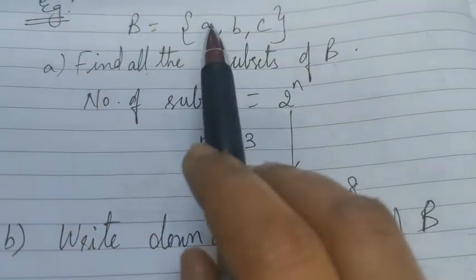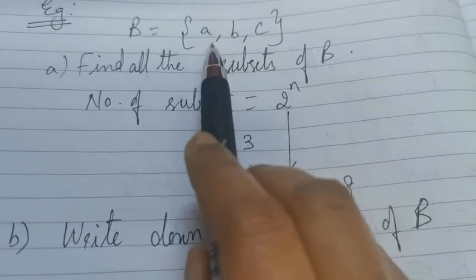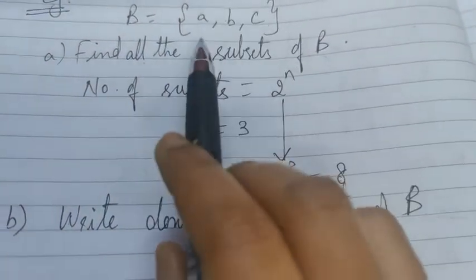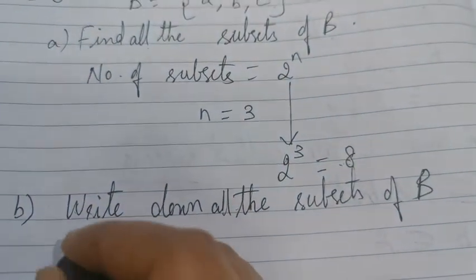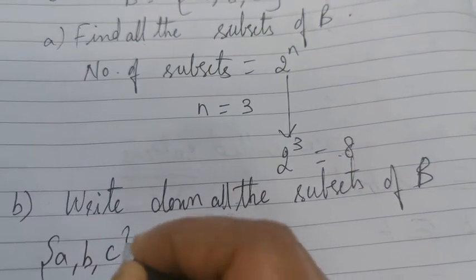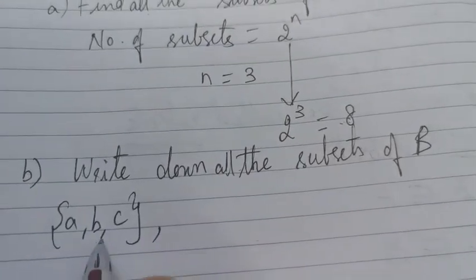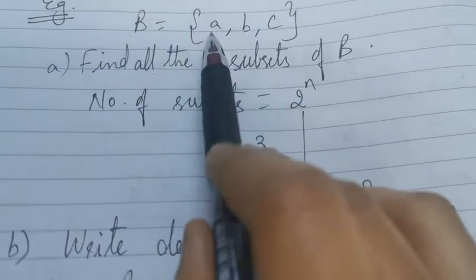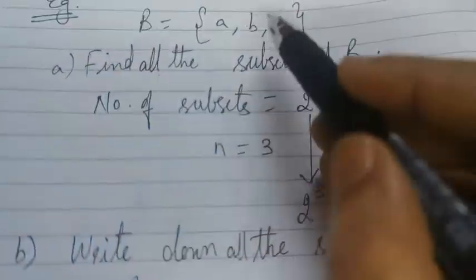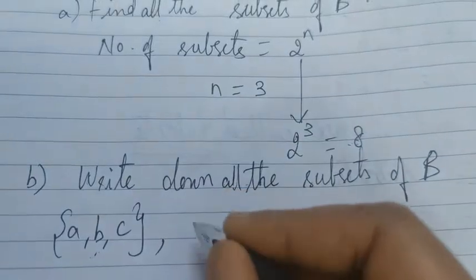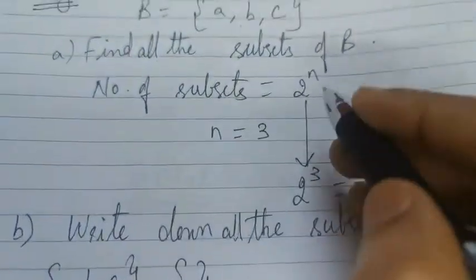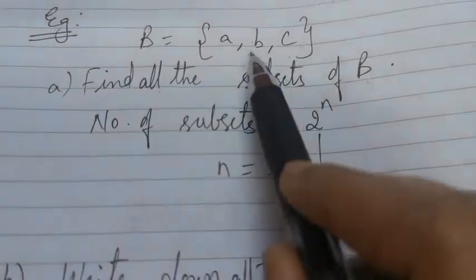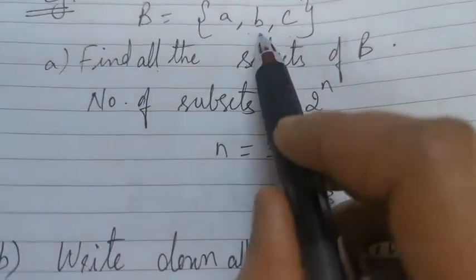The set itself will be a subset. So what is the set? A, B, C. That set itself is the subset. And the second one, an empty set is a subset of a given set. These are the two things to be noted: the set itself is a subset and an empty set is a subset.